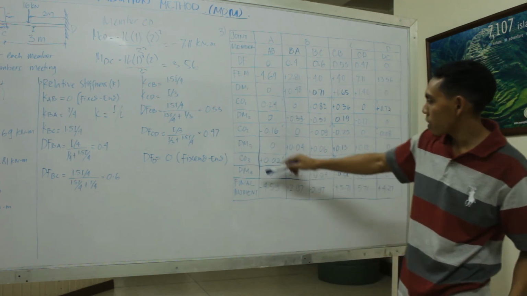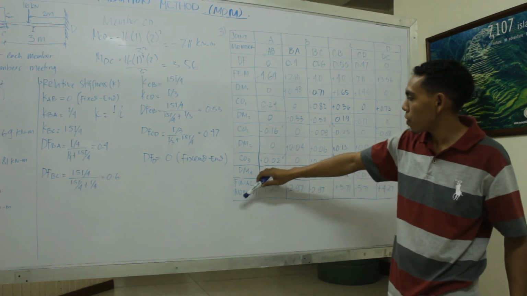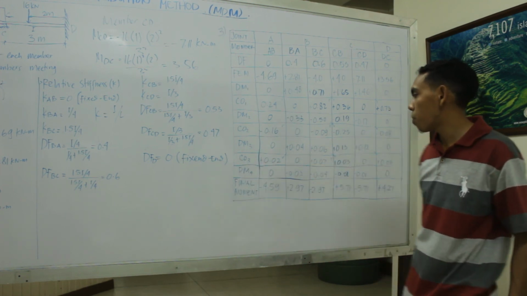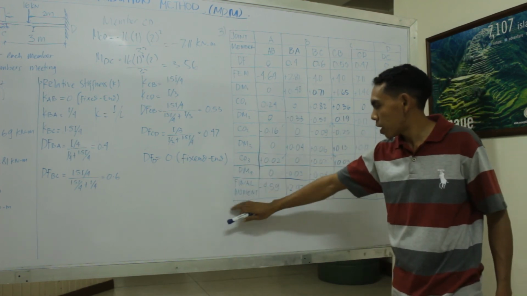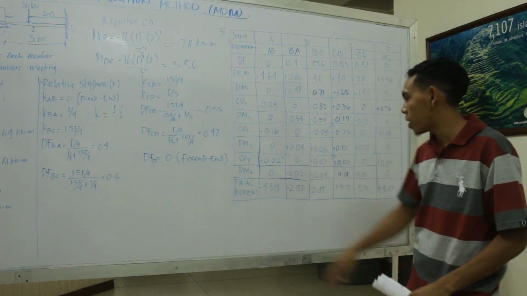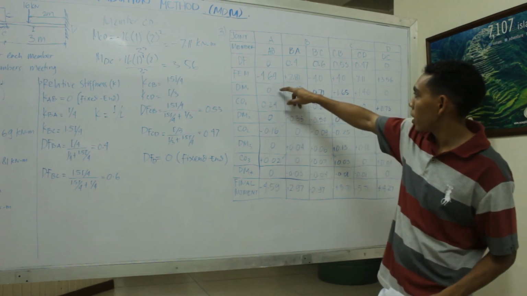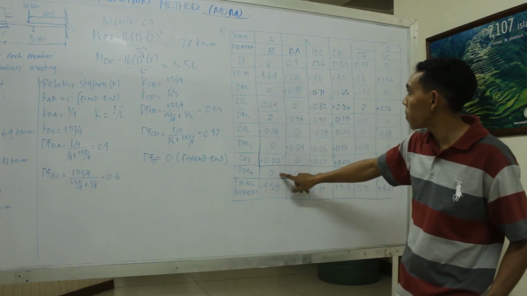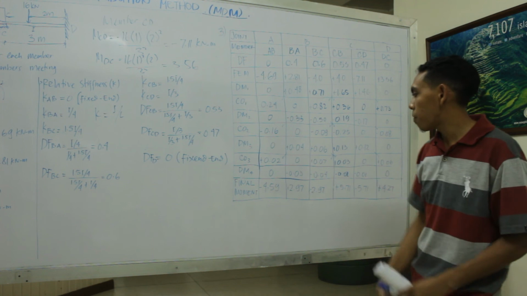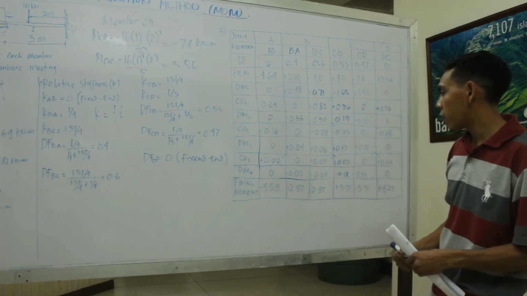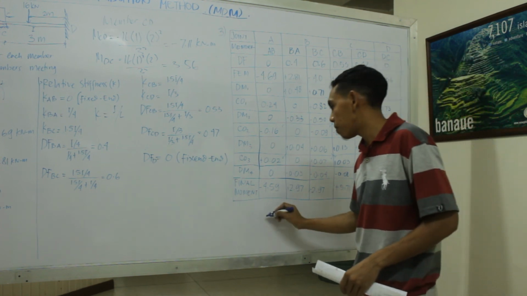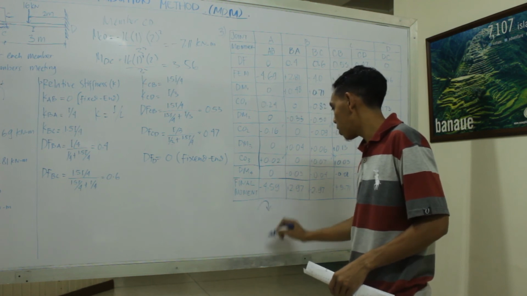And after we solve for carryover and distributed moment, we are going to finalize the moment. So we have here the summation or the final moment. Here the moment at A, or member AB, is equal to negative 4.59 kilonewton meter, which is in a clockwise direction.